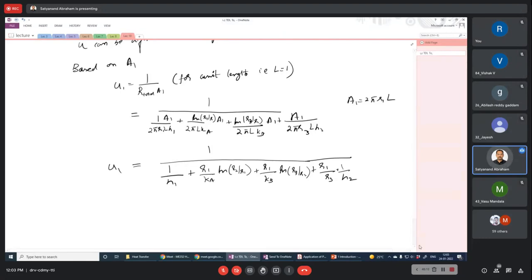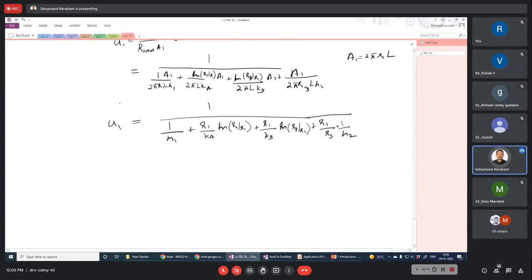So that's how we can calculate the overall heat transfer based on U1. Instead of A1, you could go with A2, and then you will get another equation. But what you can see is that U1 A1 should be equal to U2 A2, and that should be equal to U3 A3. Likewise, for any radius or any area, the product with that overall heat transfer coefficient will be the same.